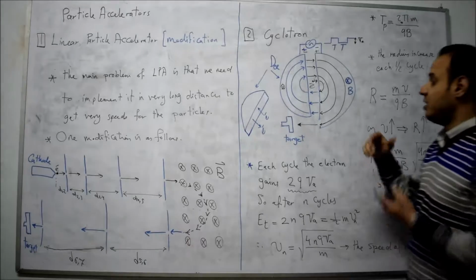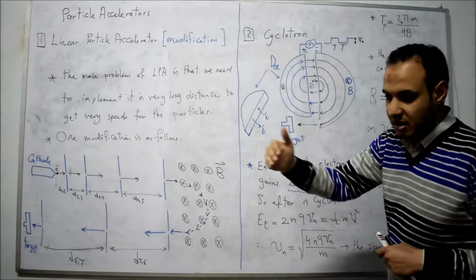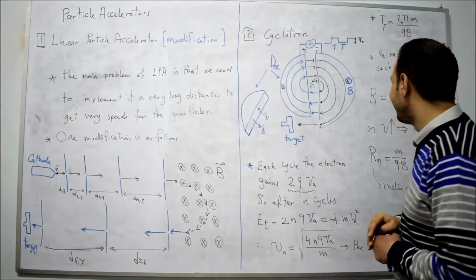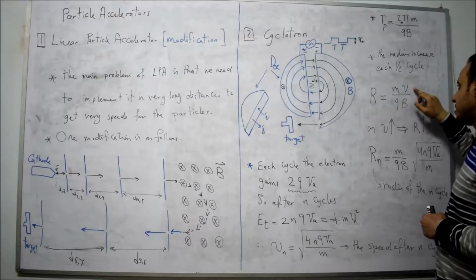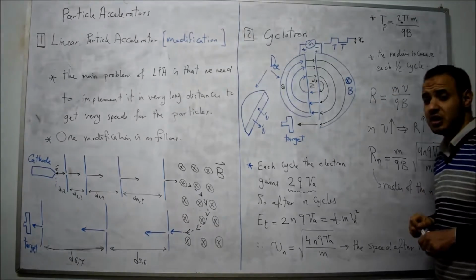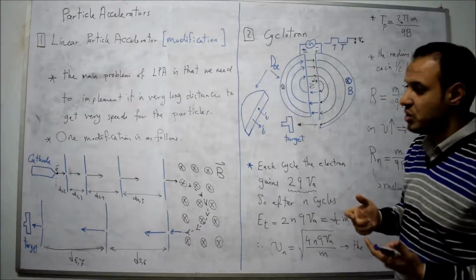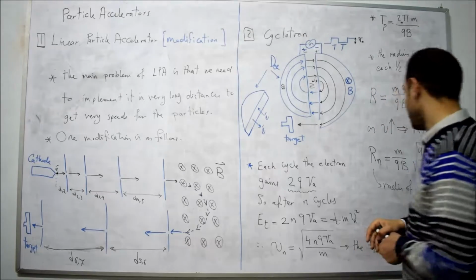So, now, why is the radius increasing after each half cycle? Simply because the radius is equal to the mass multiplied by the velocity over qB. We can get this equation from the lecture in which we explain the motion of the electron in a magnetic field. Okay.